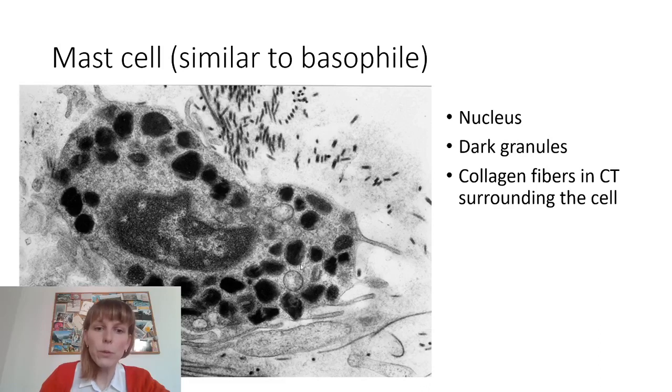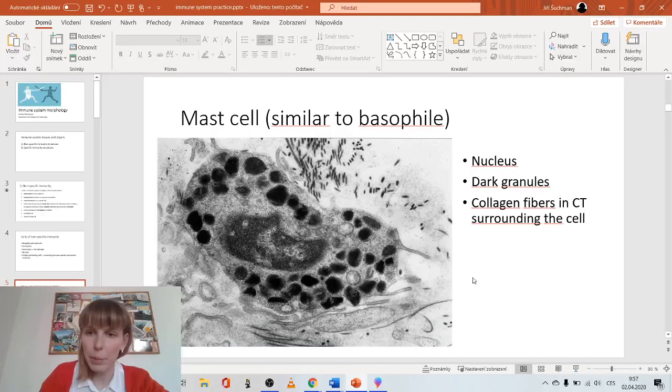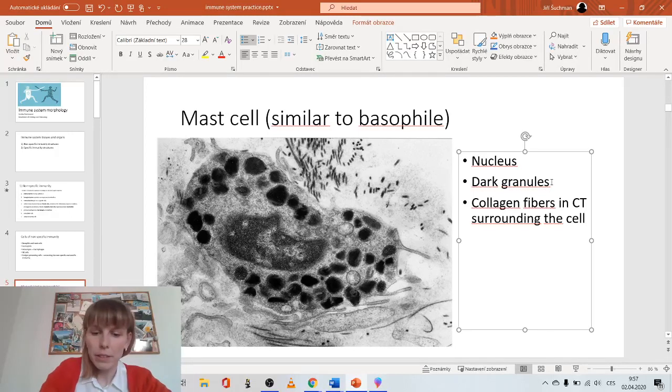Then what's very prominent here are these dark granules inside the cytoplasm. So both the mast cell and the basophil, they will have these dark granules in the cytoplasm, and these granules will have inside them histamine and heparin. Histamine and heparin, I might write it down here.